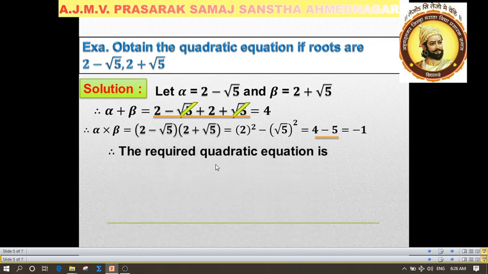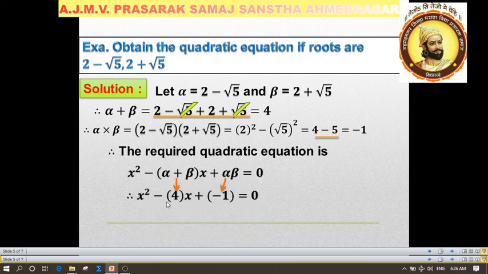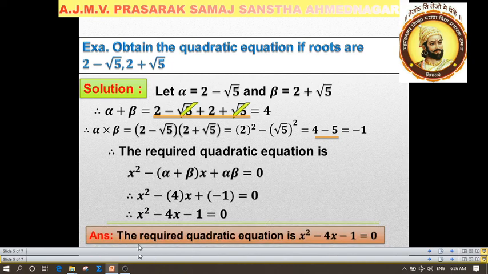Therefore, the required quadratic equation is x square minus (alpha plus beta) into x plus alpha beta is equal to 0. Now substituting the values of alpha plus beta and alpha beta, we have x square minus 4 into x plus minus 1 is equal to 0. Therefore, x square minus 4x minus 1 is equal to 0. It means that the required quadratic equation is x square minus 4x minus 1 is equal to 0.